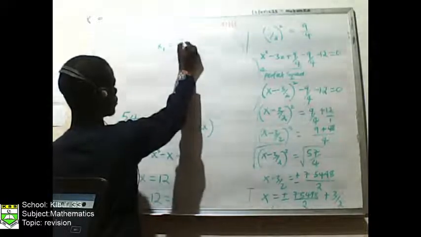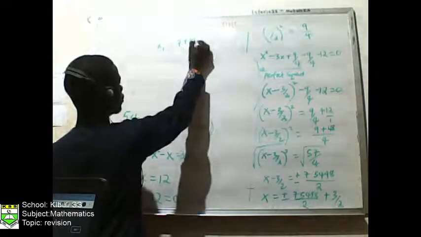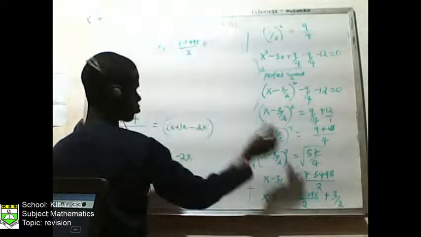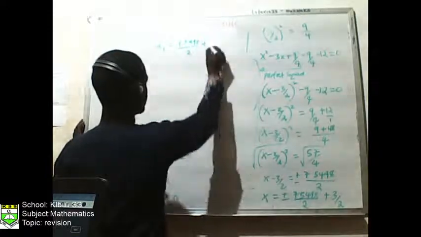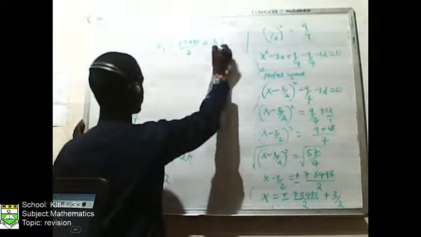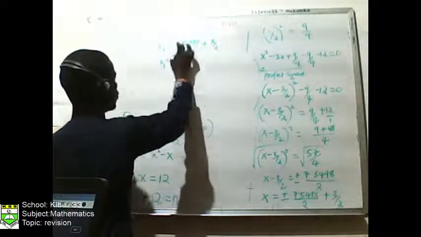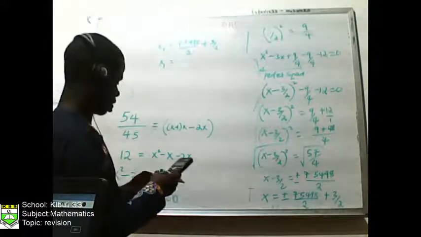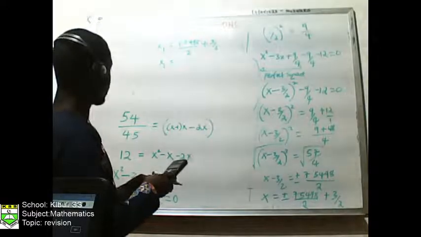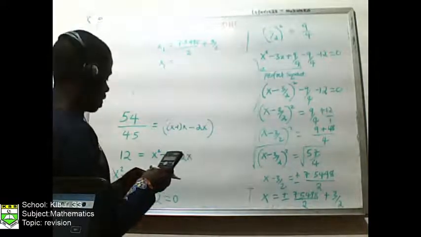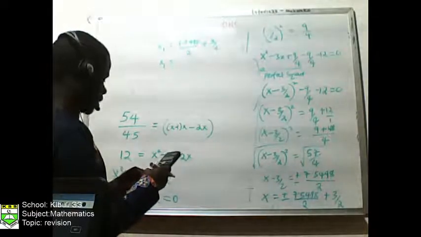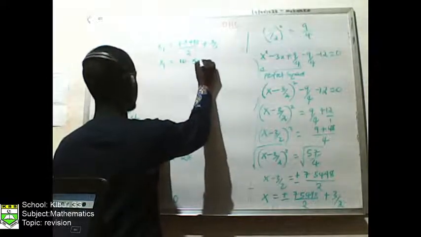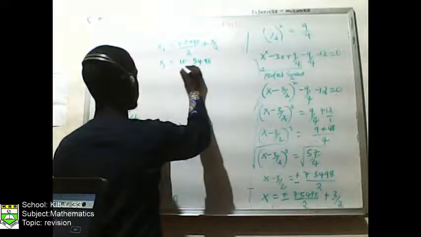So it is 7.5498 over 2 plus, because it was a negative here, plus 3 over 2. So x1 will be, you just add the numerators, 7.5498 plus 3, the answer will be 10.5498 over 2.